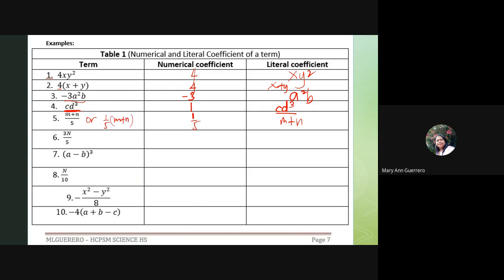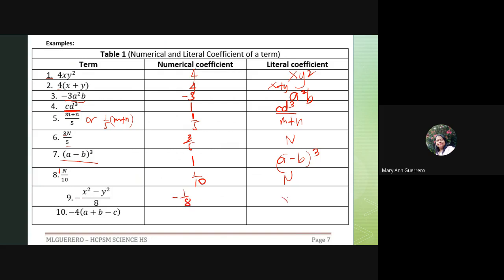Now ito naman, 3 pips. Then the literal coefficient is n. So ito, ang numerical niya is 1 and literal is n. So ito naman, ito ay 1/10. Meron kasi imaginary 1 dyan. Then ito naman ay negative 1/8 ang numerical.